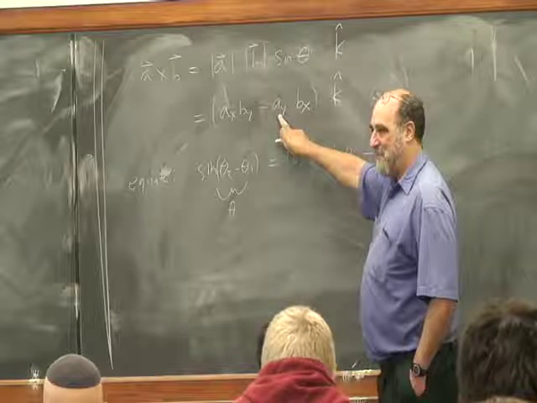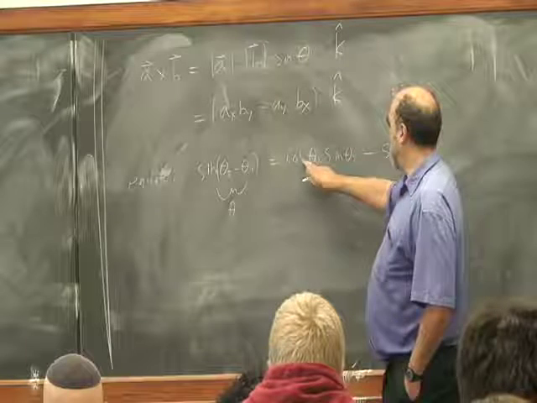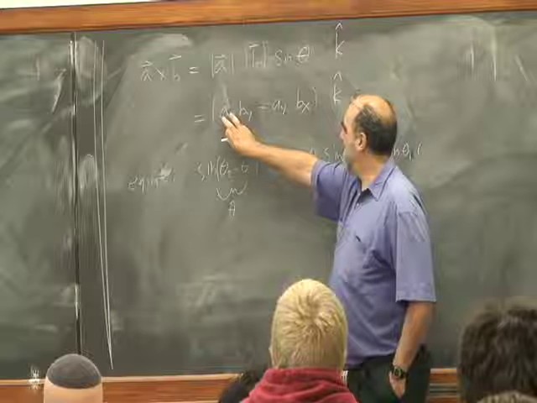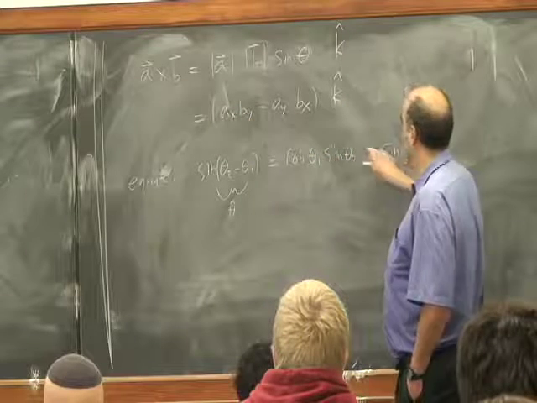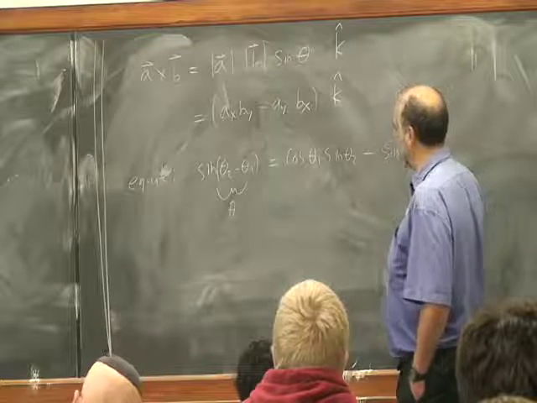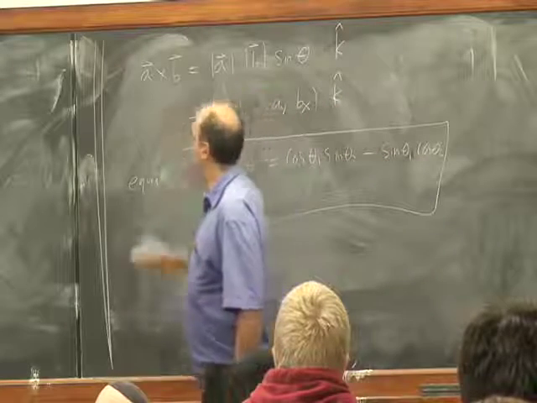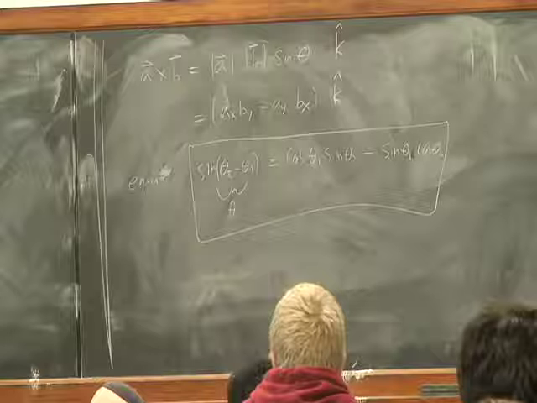A corresponds to 1, B corresponds to 2, cosine corresponds to x, sine corresponds to y. Cosine of the first vector, sine of the second, and then sine of the first vector, cosine of the second. So if you know how cross products work, you get the sine formula as well. Does that address your question?